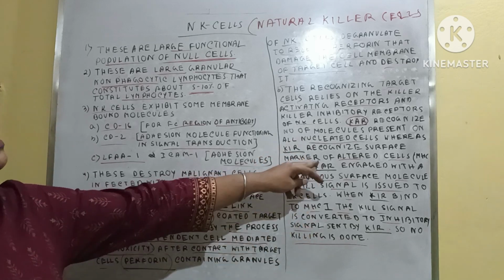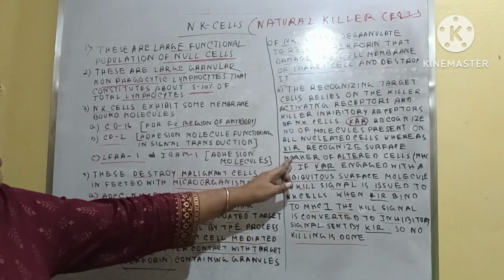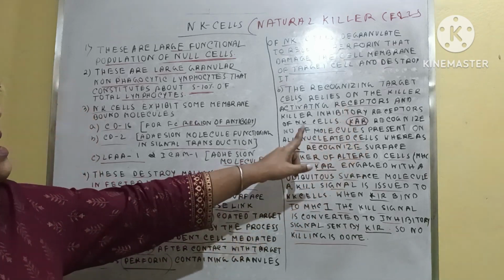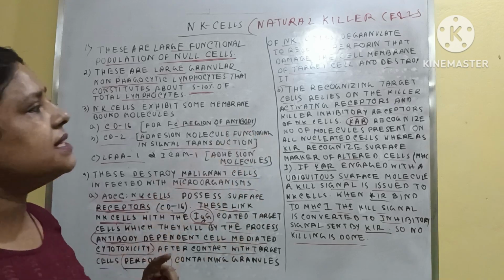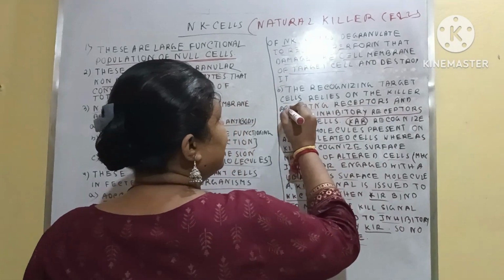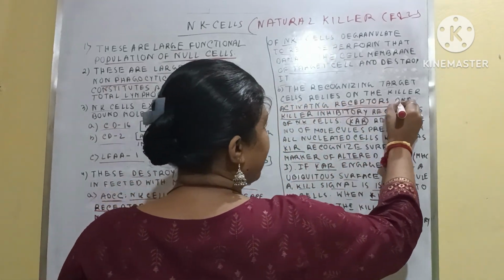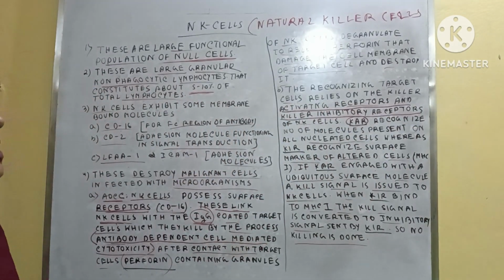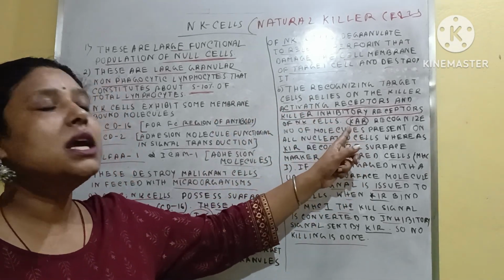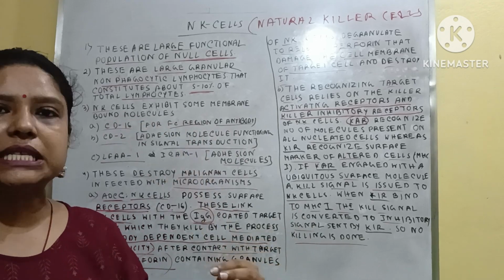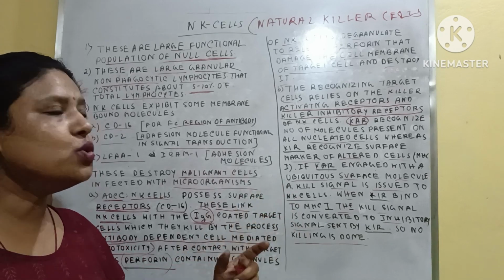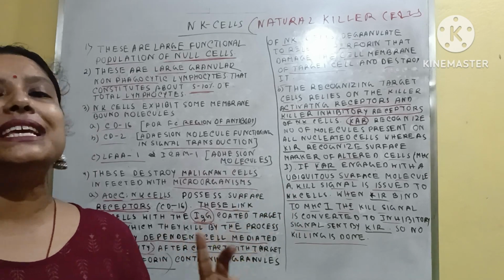So two receptors are very important: the KAR, the killer activating receptor, and the killer inhibitory receptor. The killer activating receptor issues the killing signal, and the killer inhibitory receptor issues the not-killing signal to the NK cells.